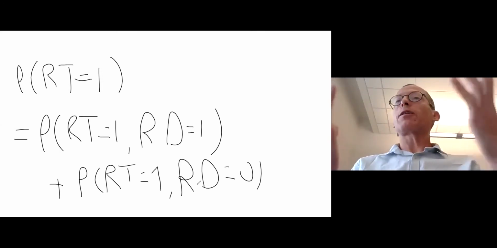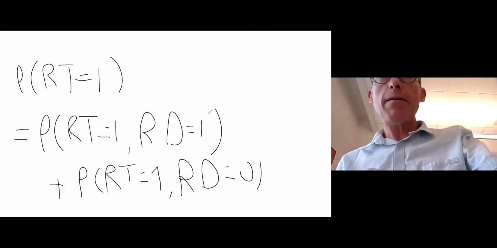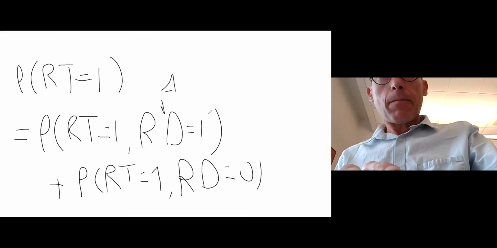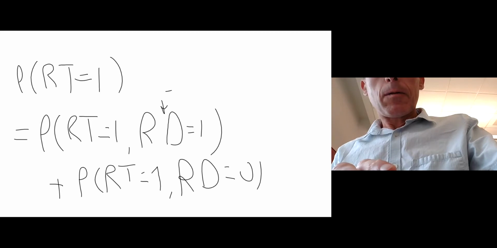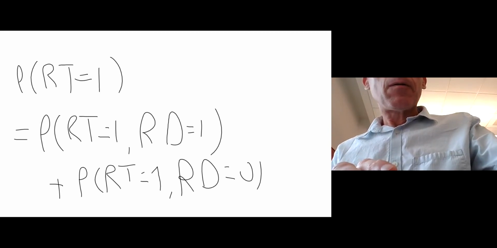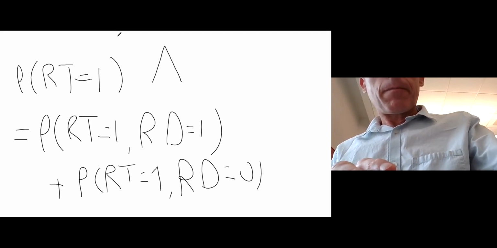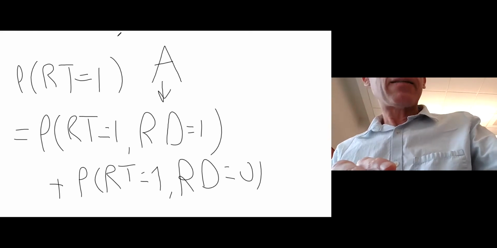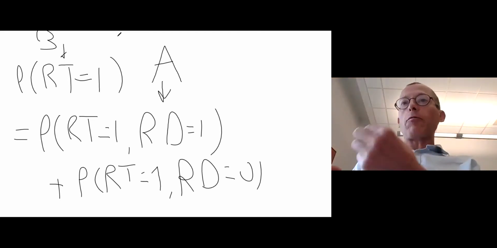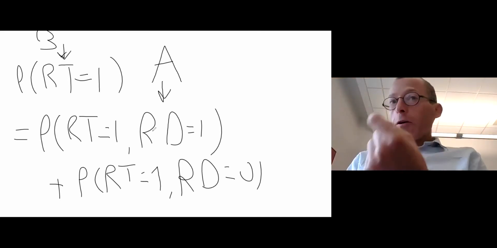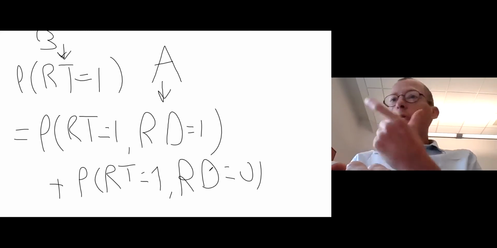There's only two options for, in this case, this is A and this is B. Okay, so A is the event that it rained today, right? It either rained today or did not rain today. There couldn't be anything else.